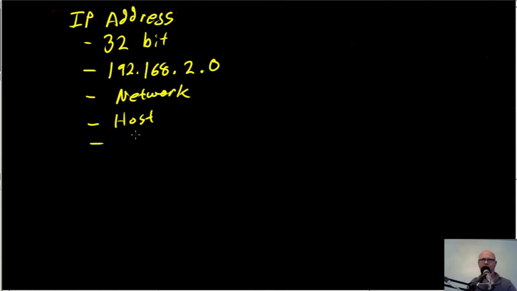IP addresses are kind of classified into different classes, and those classes decide where the default line split is. But if we just back up a little bit, we have the network portion and the host portion. I like to use the analogy that the network portion is kind of like the zip code, and the host portion is kind of like the street address, right?